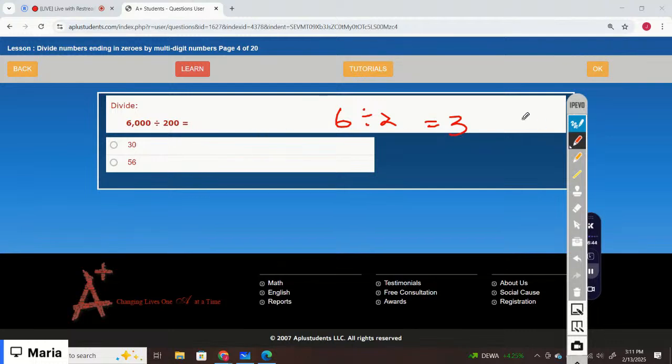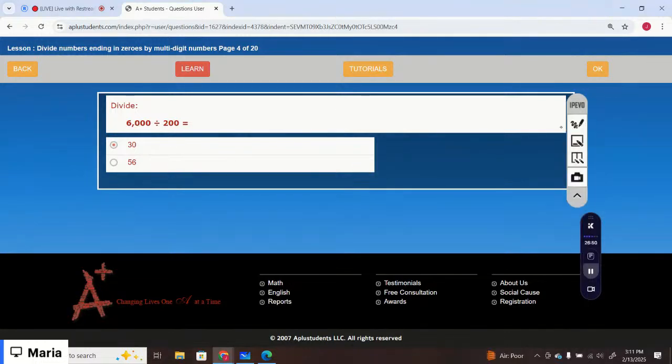Two zeros and two zeros cancel out. You are still left with 1, so that is 30. 6,000 divided by 200 is 30.